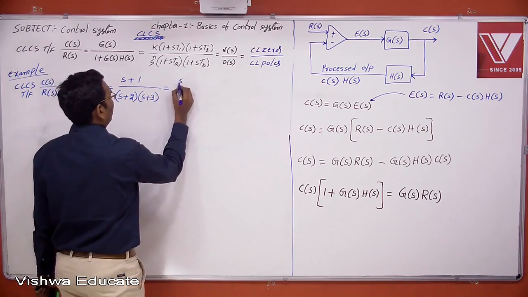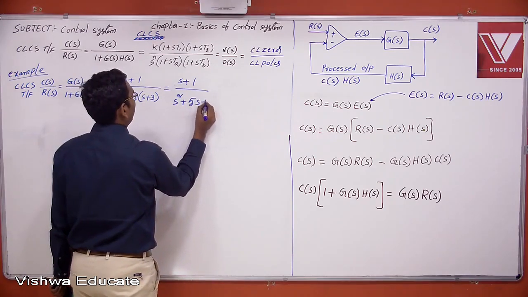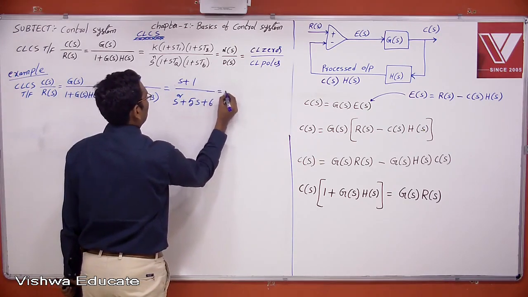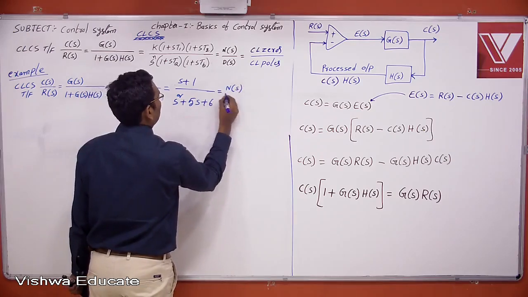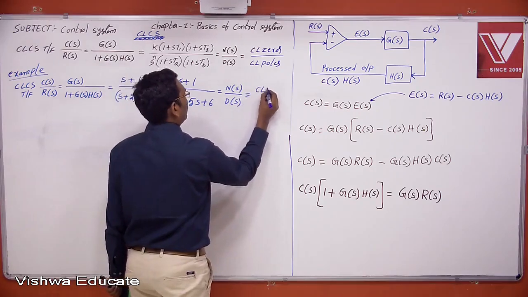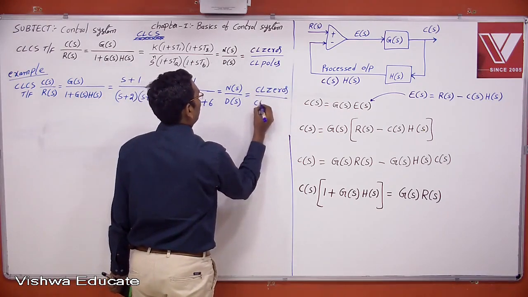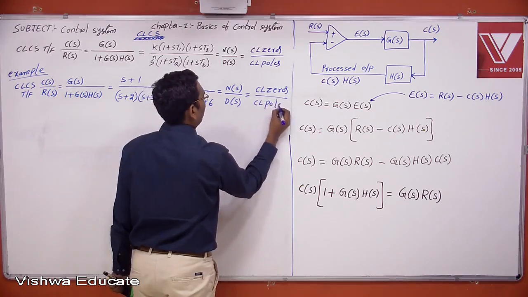This is simplified further to (s + 1)/(s² + 5s + 6). This is the numerator polynomial and this is the denominator polynomial. This gives the closed loop zeros, and this gives the closed loop poles.